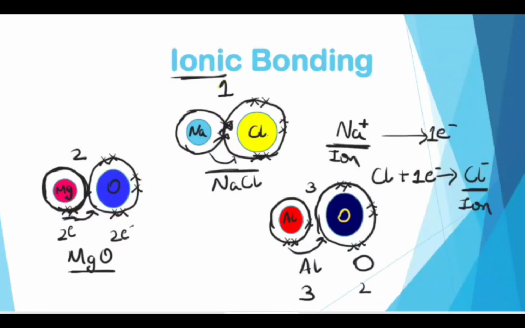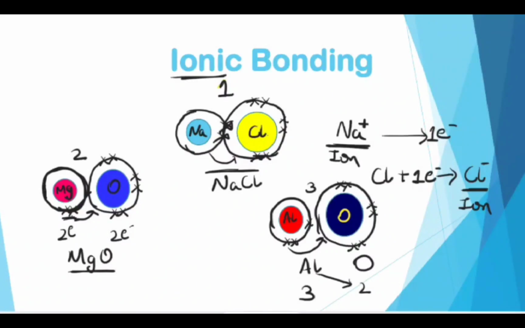How is the valency of aluminium 3? Because it is willing to give away 3 electrons. What is the valency of oxygen? 2, because it is ready to accept 2 electrons. So what exactly happens here? When we talk about valencies, the valencies exchange, as in how is the chemical formula formed?